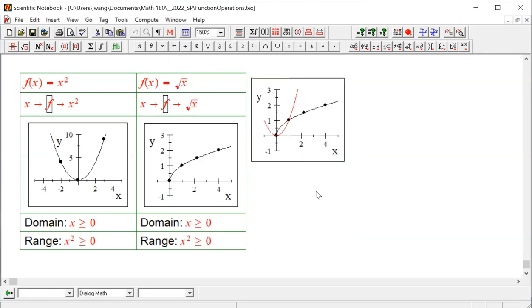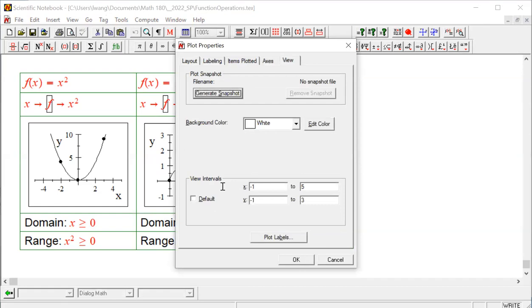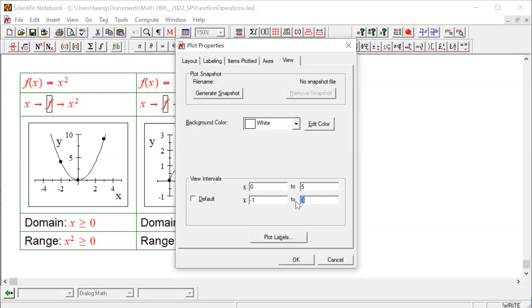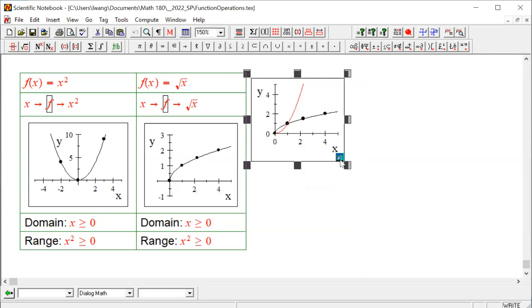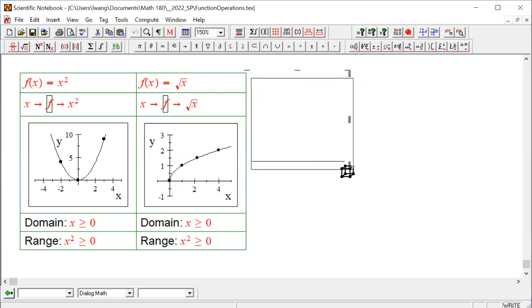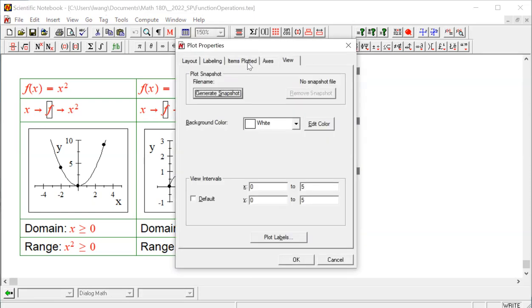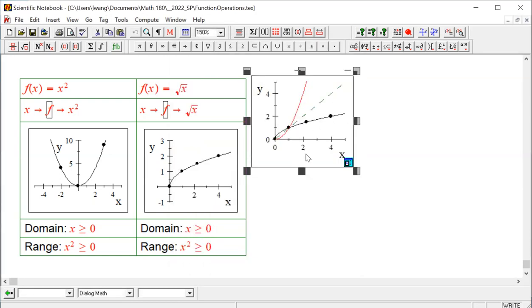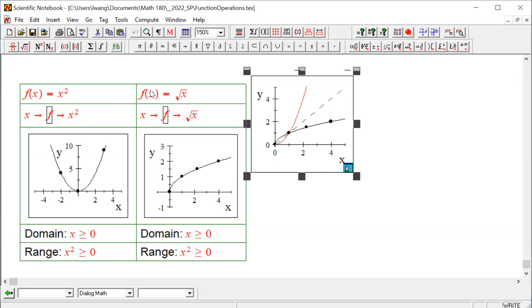Let me remove that other red. So these are inverse functions to each other as well. It is symmetrical along the line y equals x, the green broken line. So you can call this the inverse.